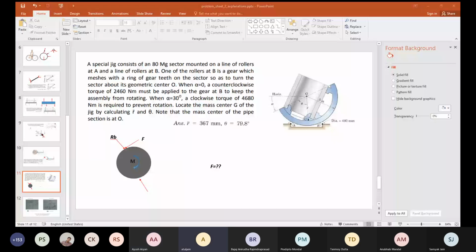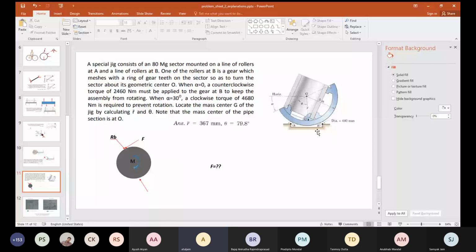So basically what this gear does is you apply a torque at the gear and in return you get some normal and tangential force which will cause the entire structure to move in a clockwise or counterclockwise manner. So a gear is a device where you can transfer rotation from one body to the other.